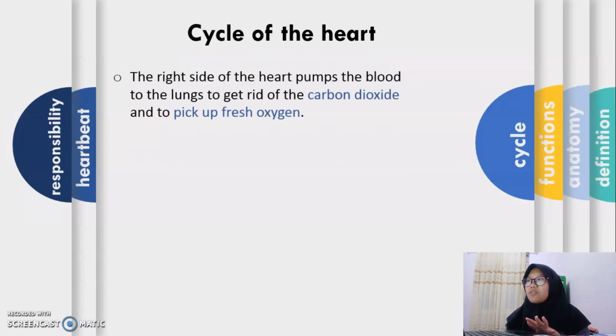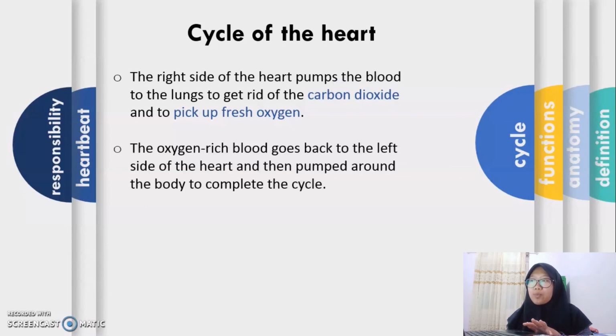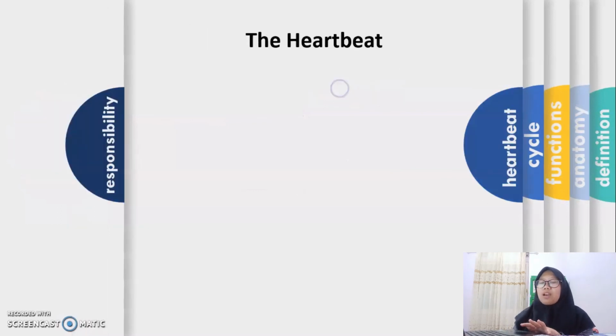The right side of the heart pumps the blood to the lungs to get rid of the carbon dioxide and to pick up fresh oxygen. The oxygen-rich blood goes back to the left side of the heart and is then pumped around the body to complete the cycle. And the cycle of the heart happens in less than a minute.